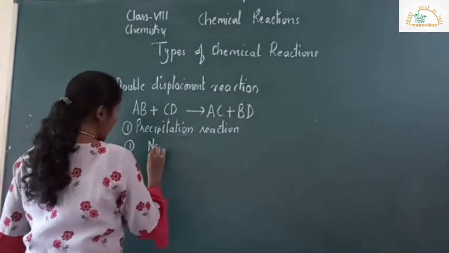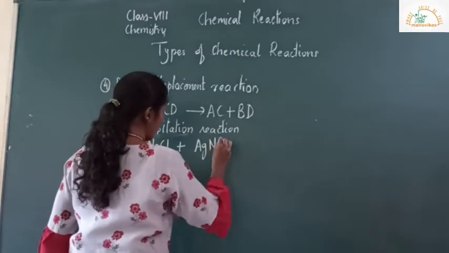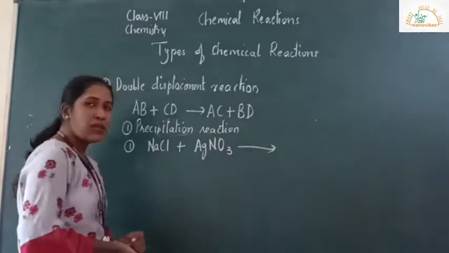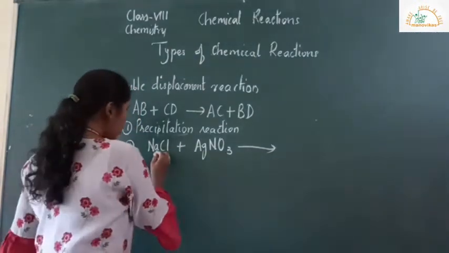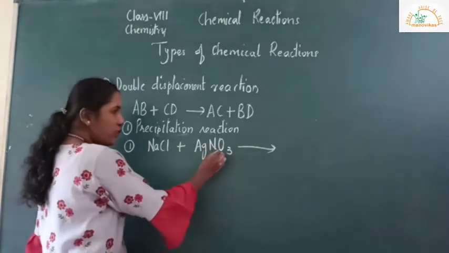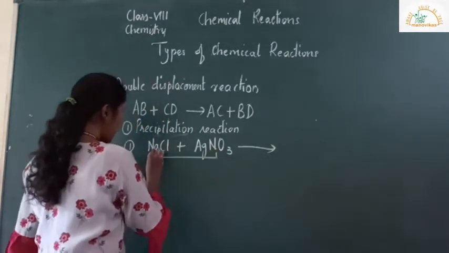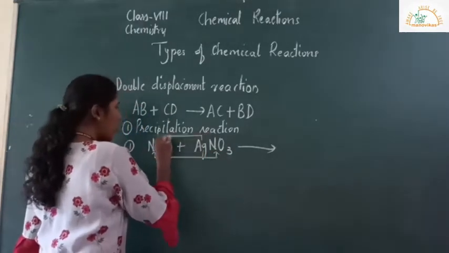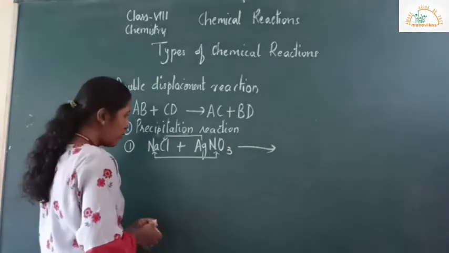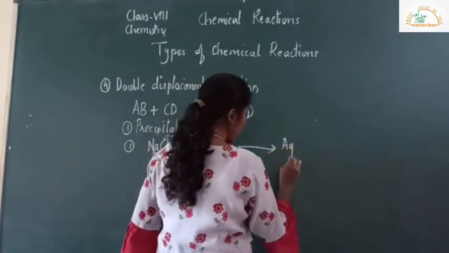We have NaCl solution plus silver nitrate. So now what will happen? There will be the exchange of ions or the exchange of radicals. So the sodium will combine with the nitrate of silver nitrate, and the silver will combine with the chloride of sodium chloride. So what I will get is one precipitate, that is AgCl.